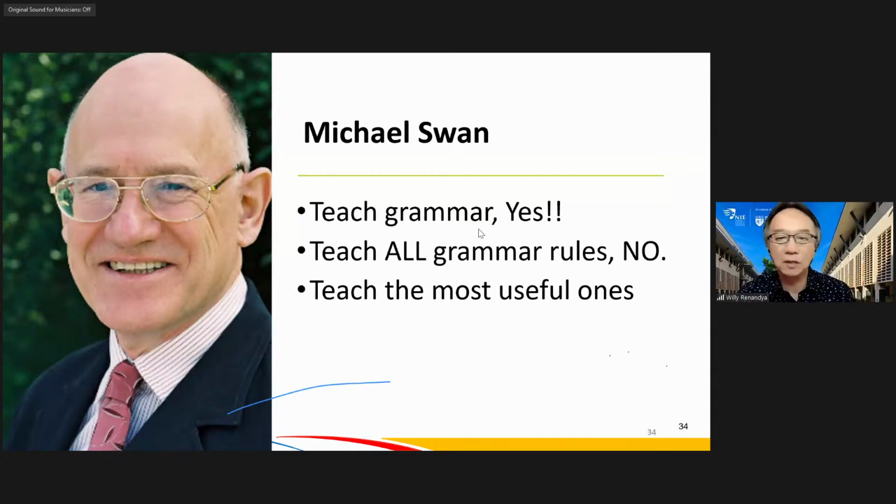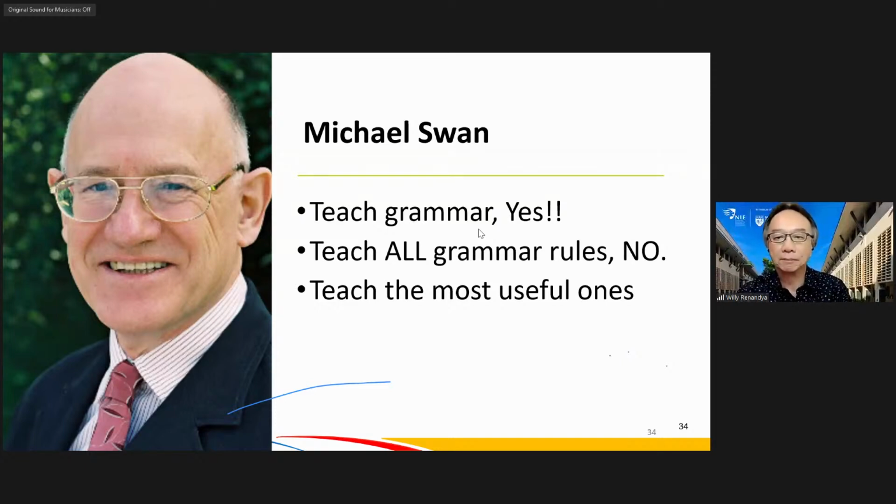You don't have to be the only person in the world teaching your students, hey students, this is a subjunctive clause, for example. No, I think that is something that the students can pick up on their own at a later stage of their learning.